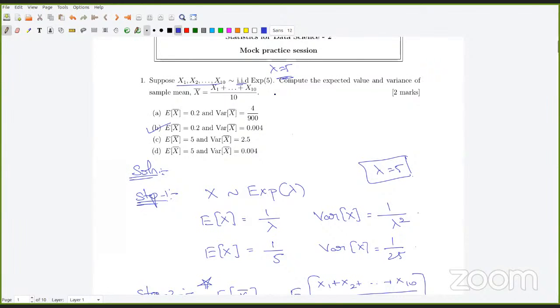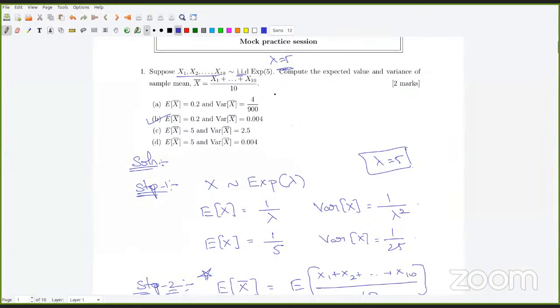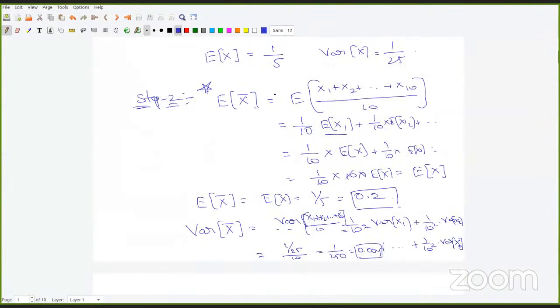So what if they are not independent? Then you cannot write this variance of (x1 plus x2 plus ... x10) by 10 like this. Then how could we proceed with calculating the variance? It's not necessary here, we don't deal with dependent identically distributed variables.